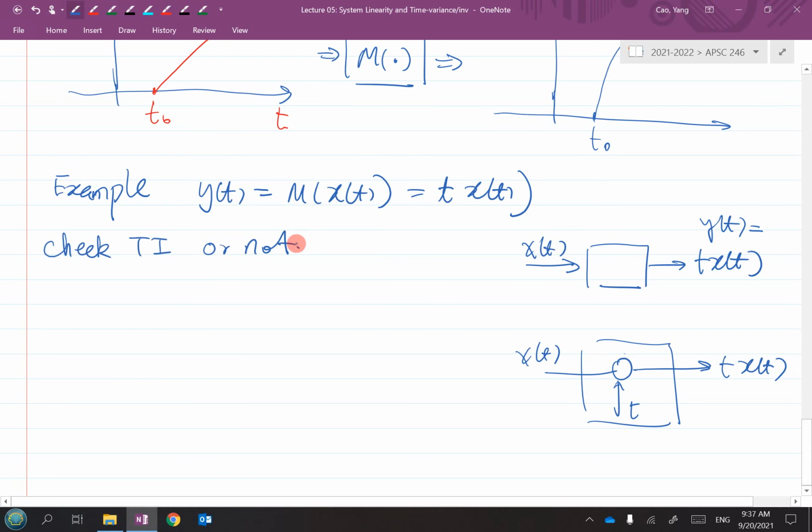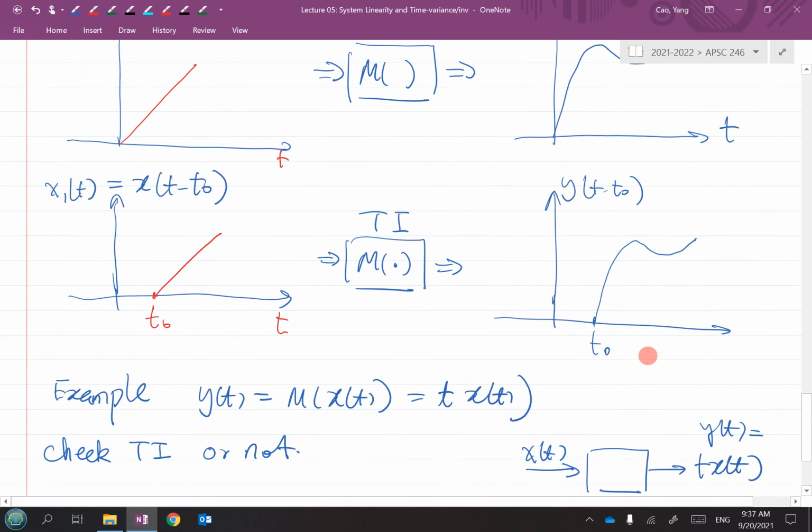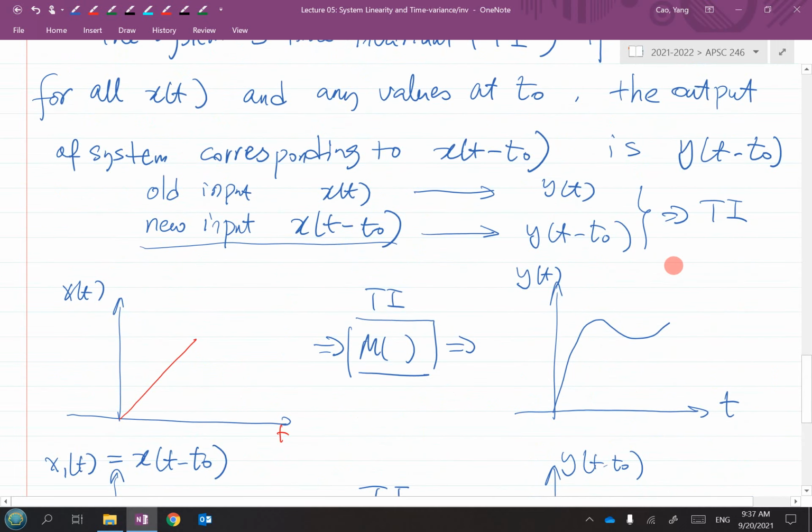So check TI or not, meaning what do you need to check, right? You look at the TI property here. You want to see that if I delay the input by t naught amount, my outputs will actually be the delayed version of the previous outputs. Right? That's what I want to check.